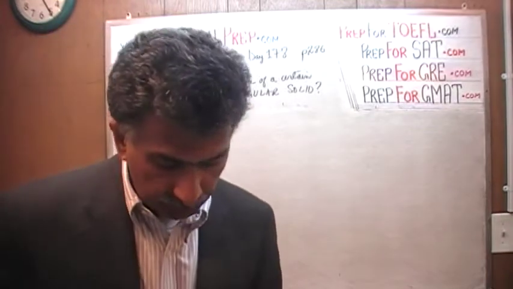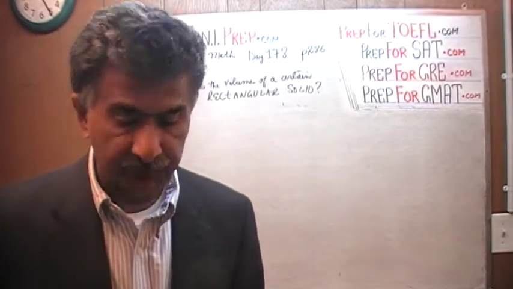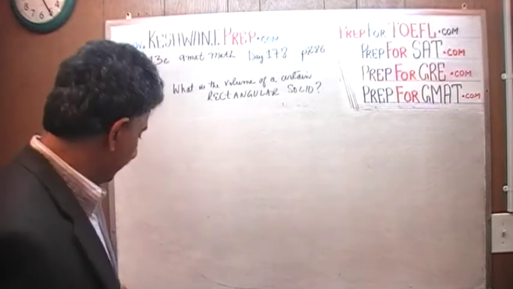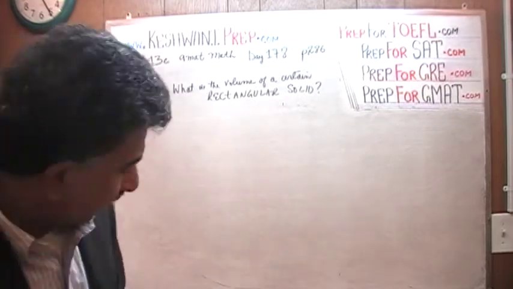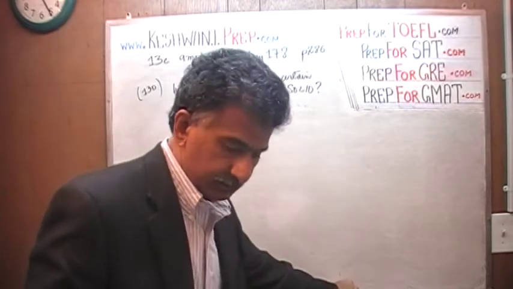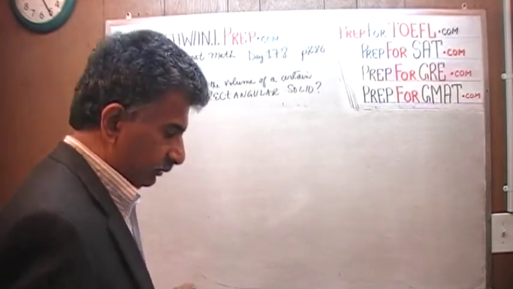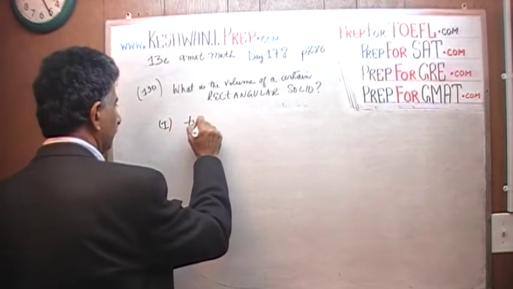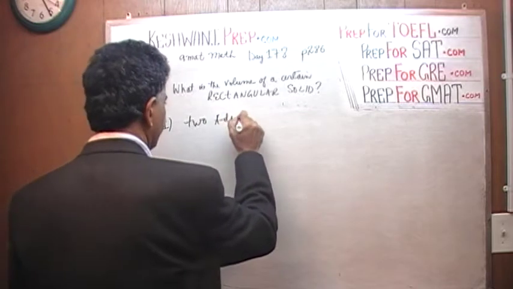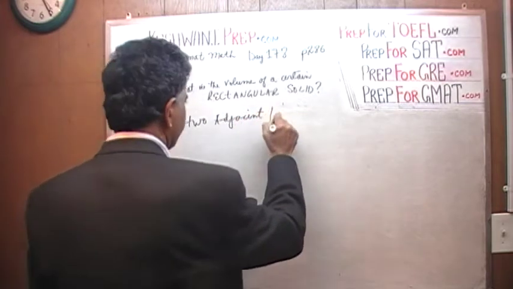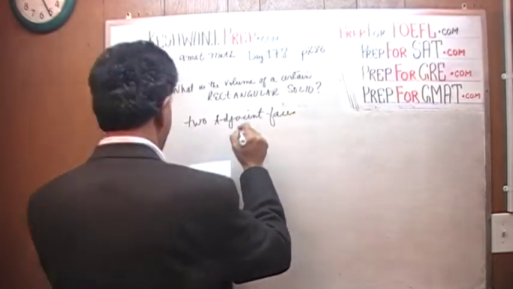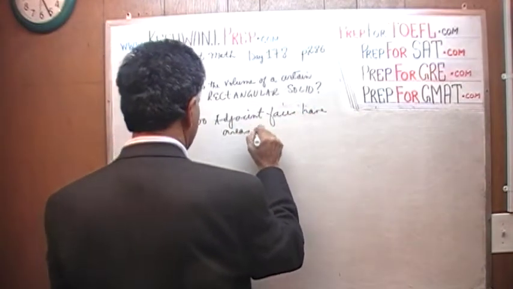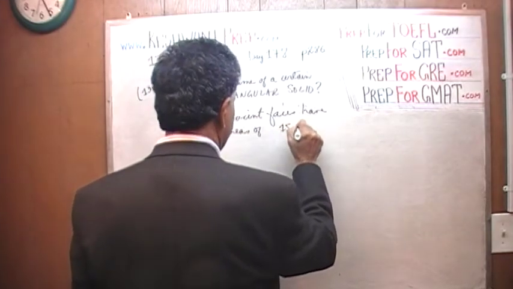In problem number 130, they're simply asking us the volume of a certain rectangular solid without actually telling us anything at all about it. So let's see what they tell us in the two statements. In the first statement, they tell us that two adjacent faces have areas of 15 and 24.